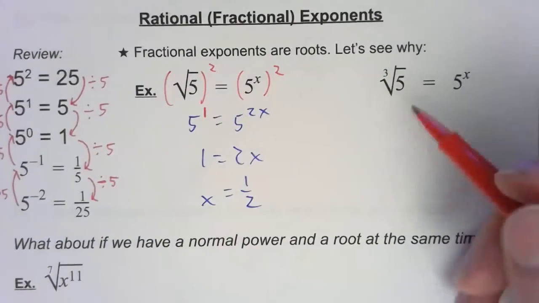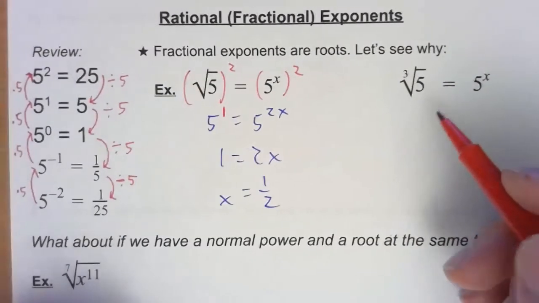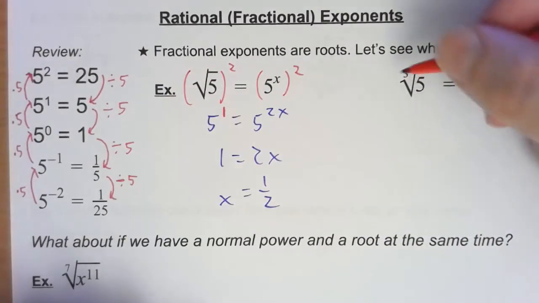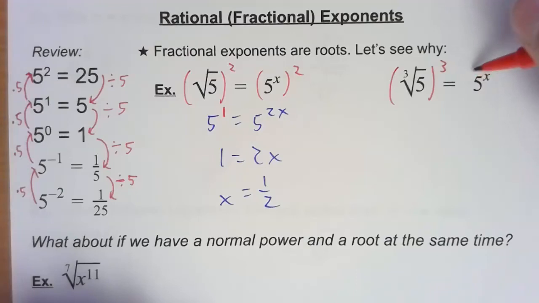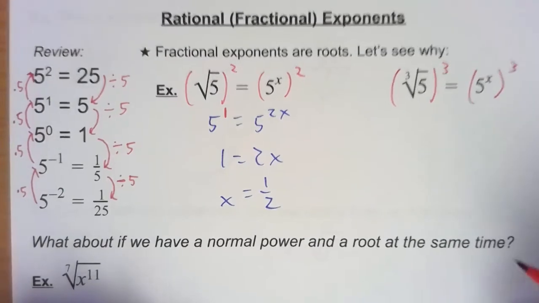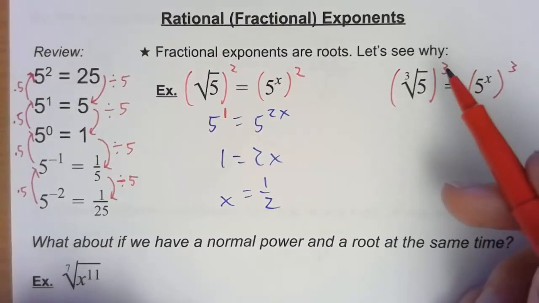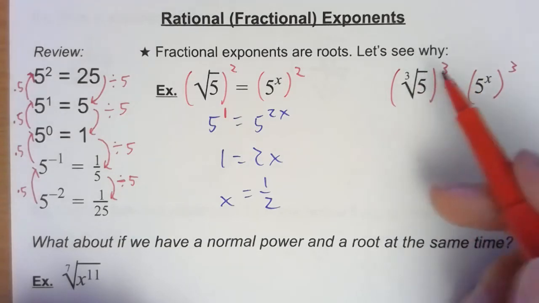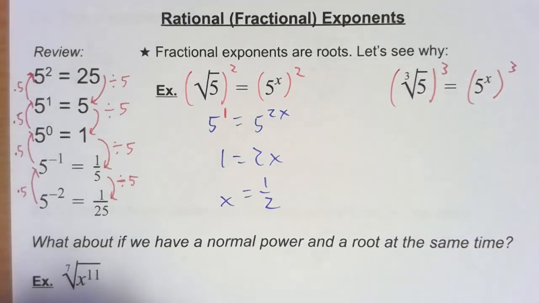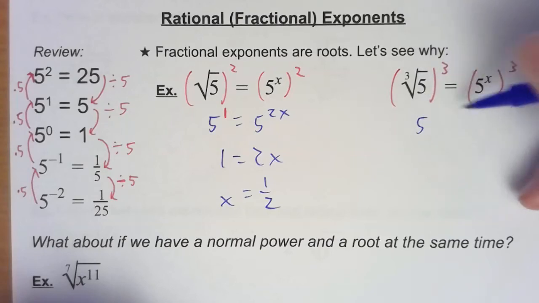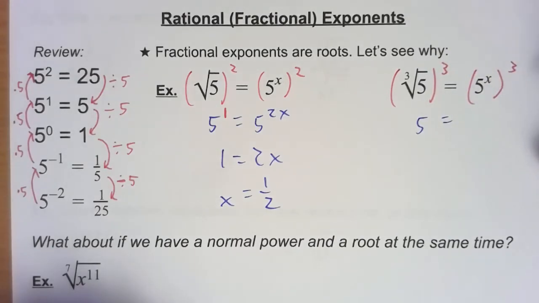Okay. What about a cube root? Let's see what a cube root would be. We'll use the same trick, except here instead of squaring both sides, let's cube both sides. And then raising to the power of 3 and cube rooting, cubing and cube rooting will cancel each other out just like before. So we'll have 5. Power to a power, you multiply the exponents. X times 3, that's 3x.